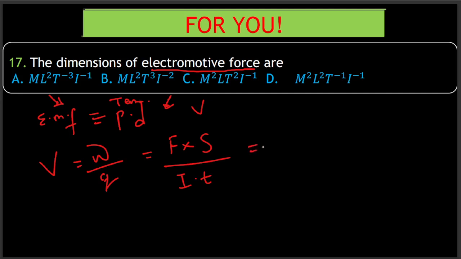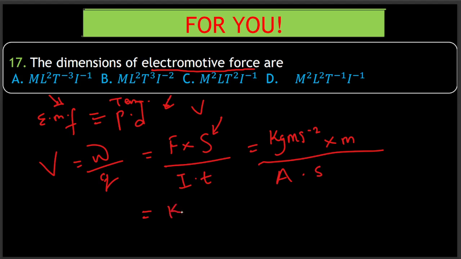So if force is, you remember, kilogram meters per second squared, and distance is meters, current is ampere, and time is second, that means the unit will be kg meter squared per second cubed per ampere. So you look at the options. This is the unit.